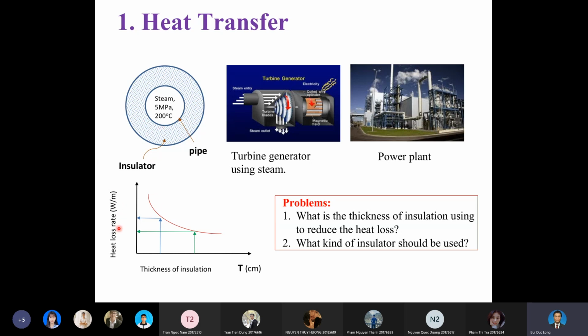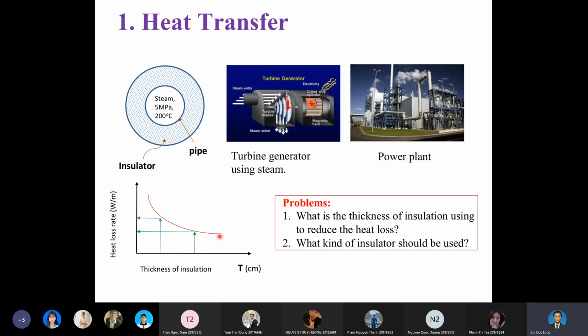So as I can illustrate here, one axis is heat loss at rest, and this axis is the thickness of insulation. You can see the heat loss will reduce as we increase the thickness of insulation.